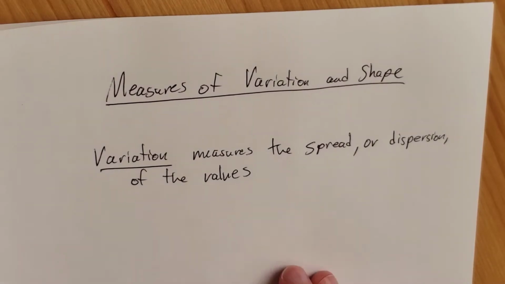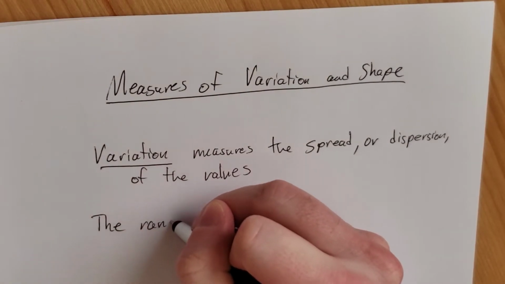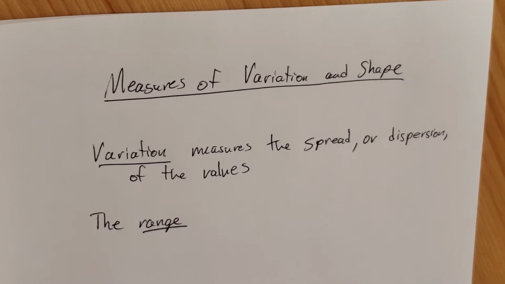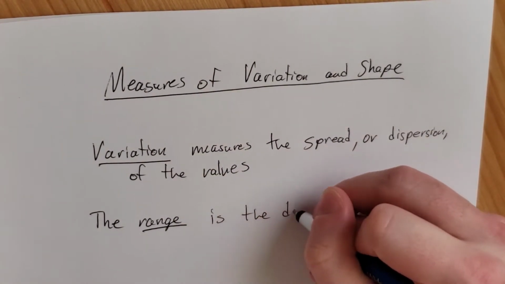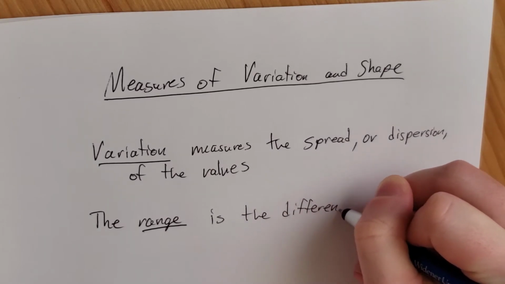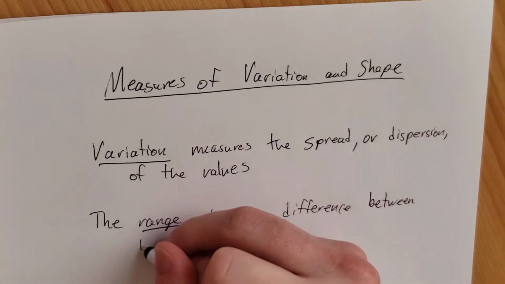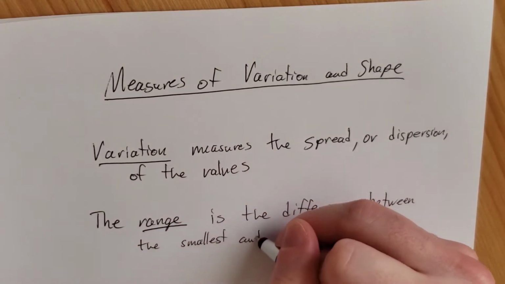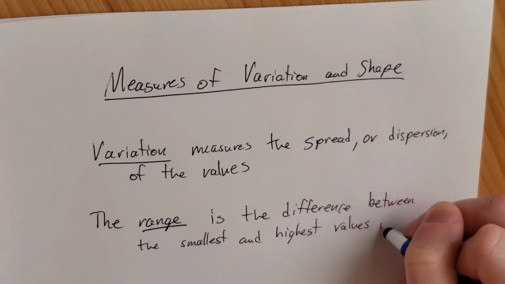One way we can do this is with the range. So the range is a measure of variation. And this is just the difference between the smallest and highest values in the data set.